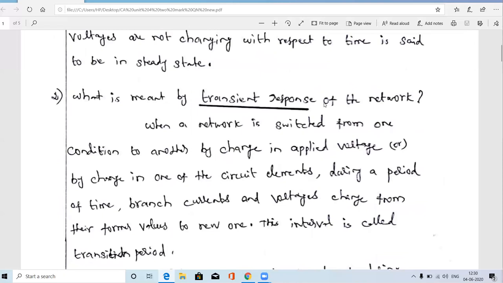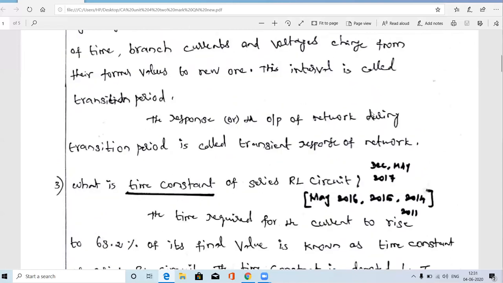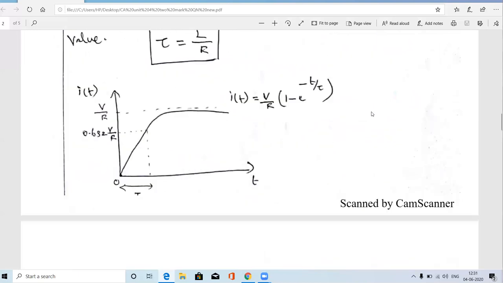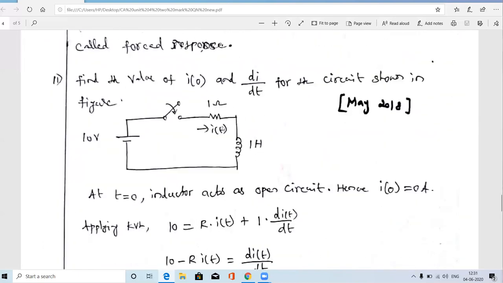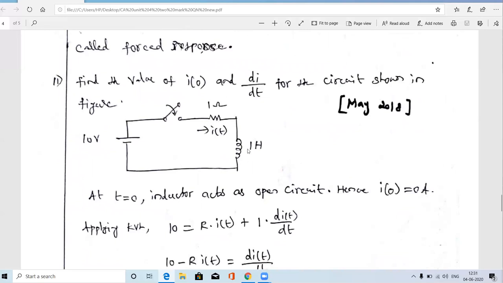In the 4th unit, we discussed many problems in which there is a switch given. Just consider a series RL circuit. You see this diagram, this is a series RL circuit.